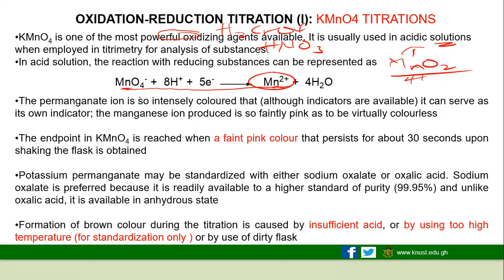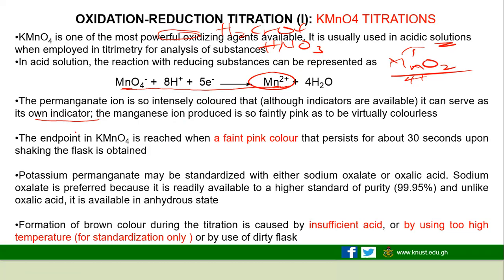Now, the permanganate ion is so intensely colored that although indicators are available, it can serve as its own indicator. Very simple concept: the KMnO4 has a very intense color, so we use it as an indicator. We call it a self-indicator. We don't need to add any other indicator to the titration. KMnO4 changes color to show the endpoint of the reaction.